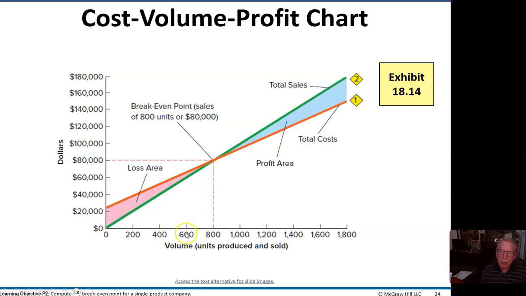What we see here is that our loss area is in the pink and our profit is in the blue. At break even, we just calculated $80,000 and 800 units as our break-even point, and you can see it graphically here as shown.